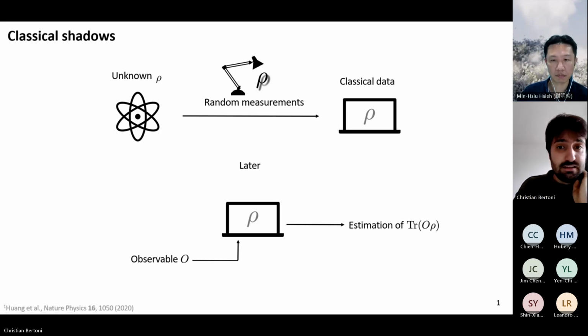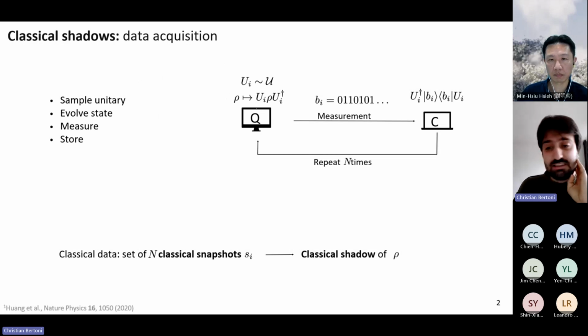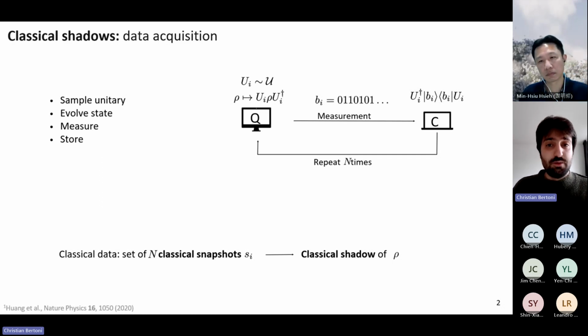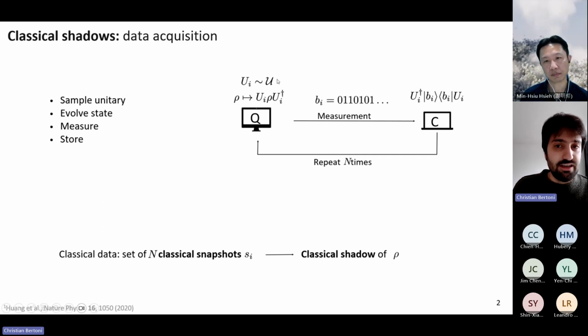A little bit more in detail, this protocol relies on some kind of randomized measurements to extract this classical data. How does it work? We pick some ensemble of unitary operators that I call curly U, and for now I'm going to be staying vague about what this curly U is, and explain that later. We sample some unitary according to this ensemble, we evolve the state, and then we do a computational basis measurement.